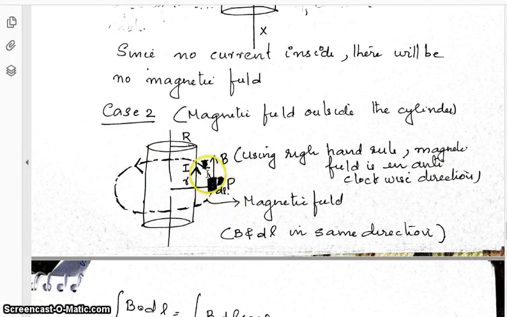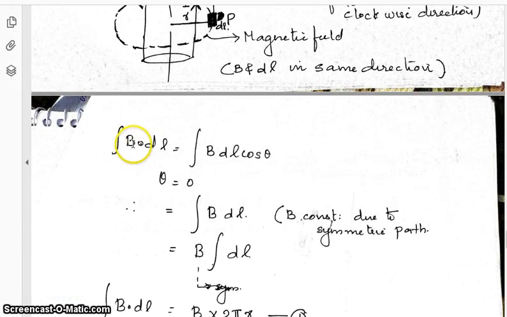Okay, then I am choosing a small length dl across this dotted line, and also you have to identify the direction of B with respect to dl, and I already told you that B and dl are in the same direction. So next I am going to find integral B dot dl, that is equal to integral B dl cos theta. This is the expansion of the dot product, where theta is the angle between B and dl.